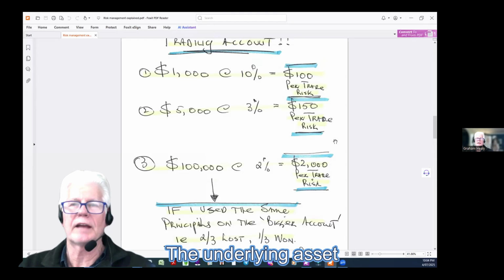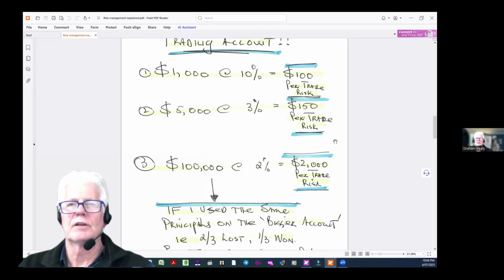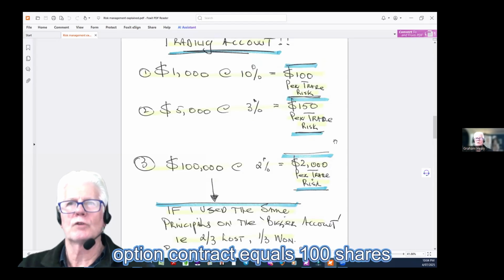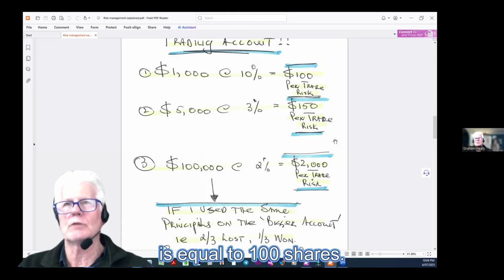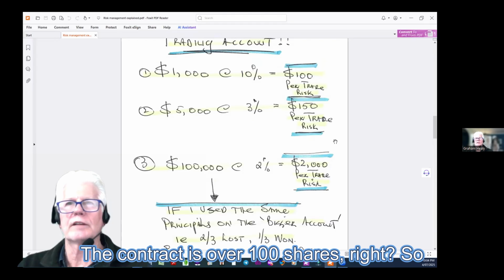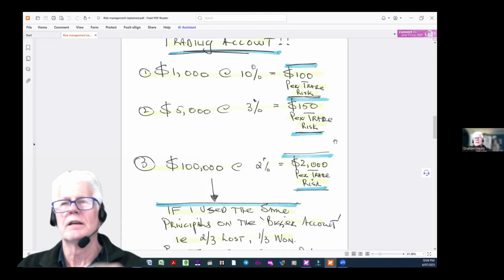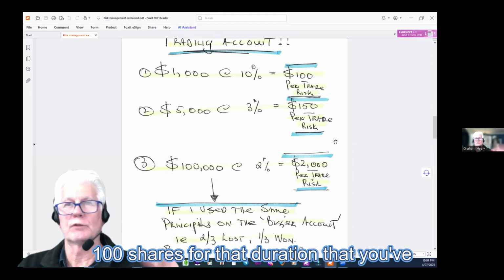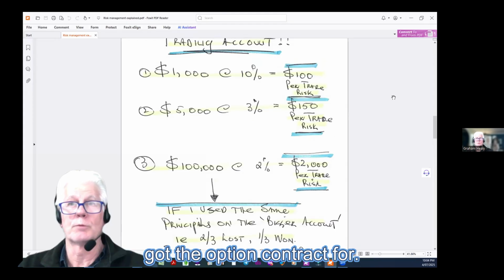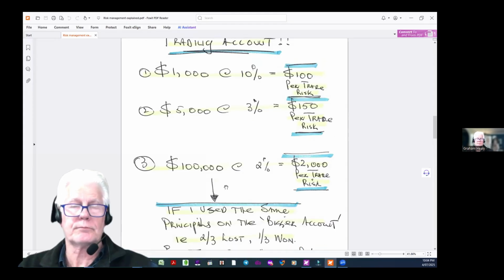The underlying asset is the shares. So one option contract equals 100 shares of the underlying asset. The contract is over 100 shares, right? That contract is a legal document controlling 100 shares for that duration that you've got the option contract for.